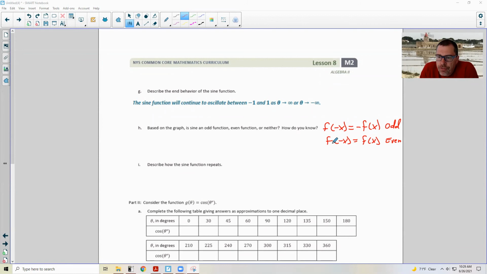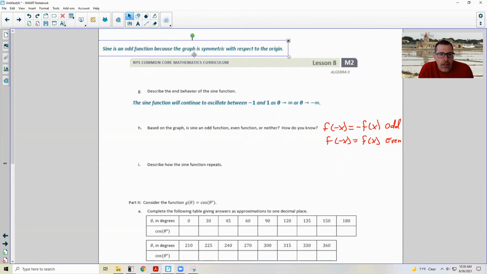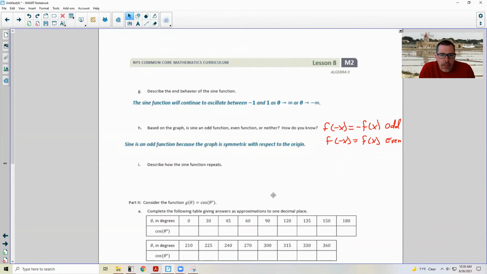If it is even, if I plug in a negative x value, f of negative x will equal f of positive x. So in other words, odd functions are going to reflect around the origin, and that's what you could write here. So I'm going to put that. Sine is an odd function because the graph is symmetric with respect to the origin.